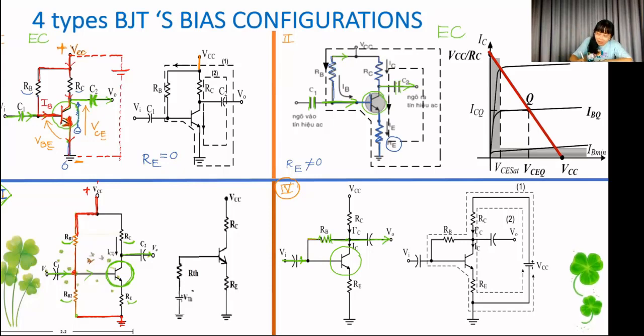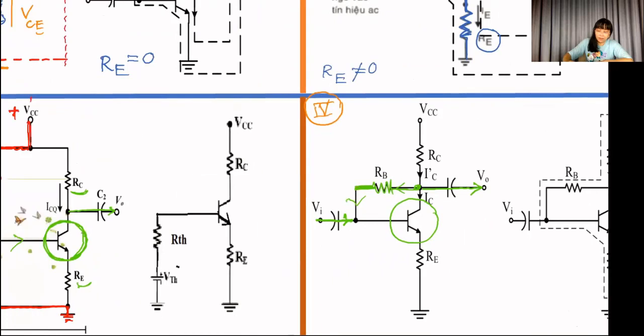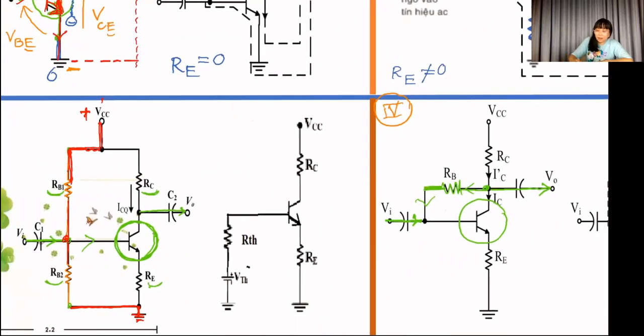And here, this connects with C. This resistance, you can see here. You can see here on the fourth and the third circuit. You can see here resistance RB1 connects with the source.